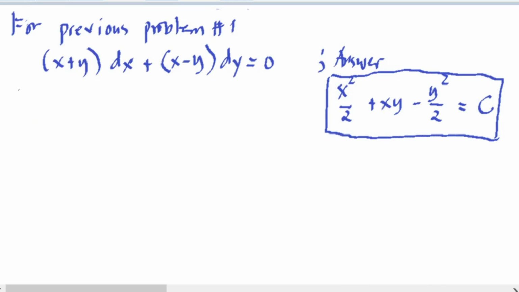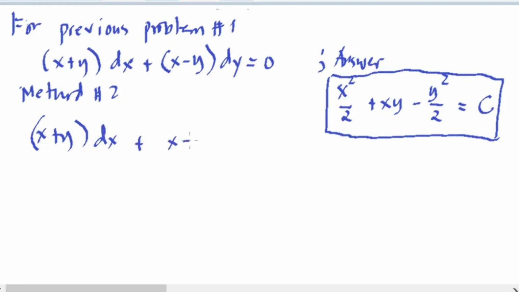So for method number 2, how should we do it? We have x plus y dx, right? Plus x minus y dy is equal to 0.